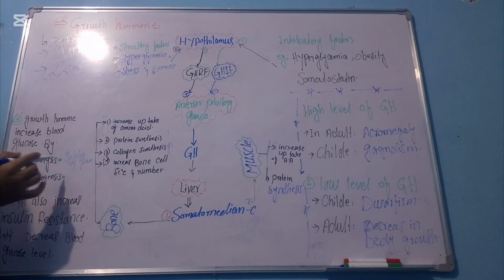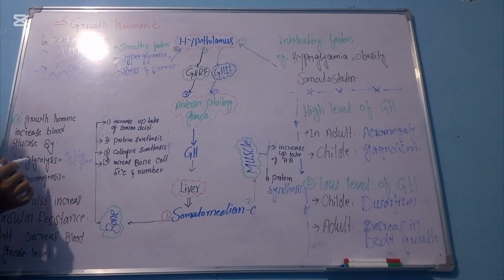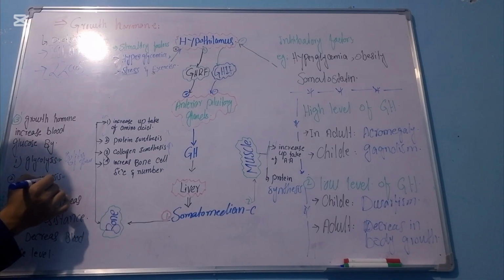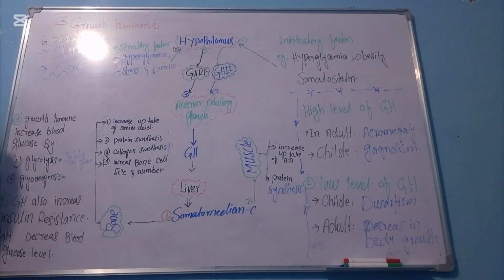By the splitting of glycogen inside the liver, this process will occur, and then the glucose will be secreted from the liver into the blood. And the second way is gluconeogenesis. By gluconeogenesis, the fat will be converted into glucose. By these two steps, the blood glucose level will increase.